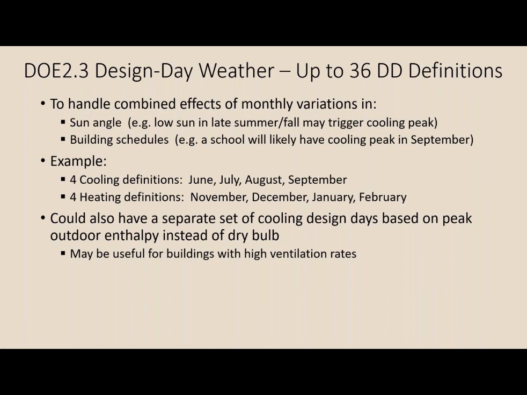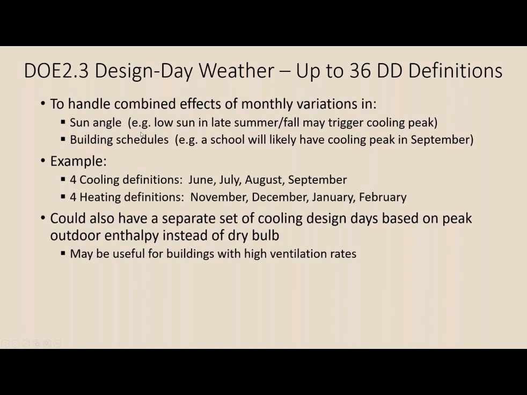So in DOE 2.2, you were allowed one cooling design day definition and one heating design day definition. In DOE 2.3, that's been expanded to up to 36 design day definitions. The reason is to allow for seasonal changes, like sun angle.